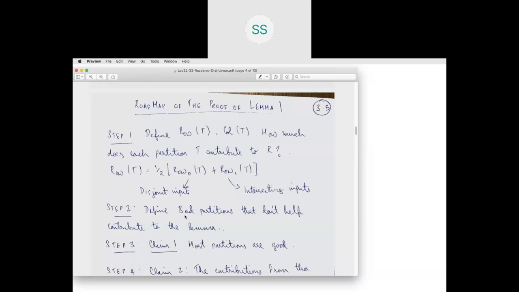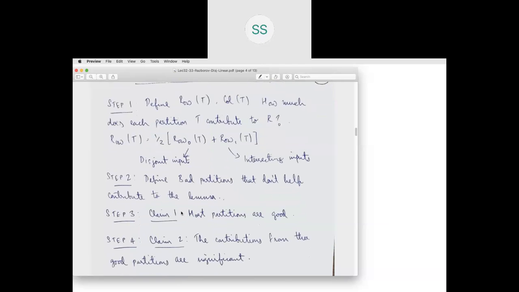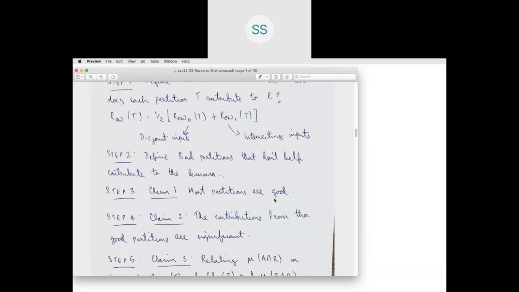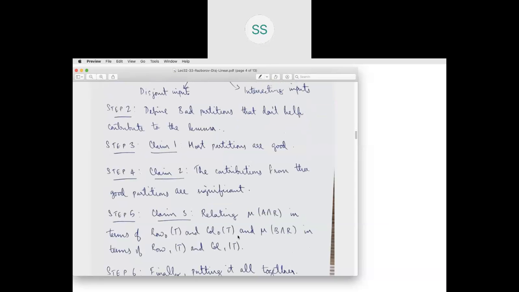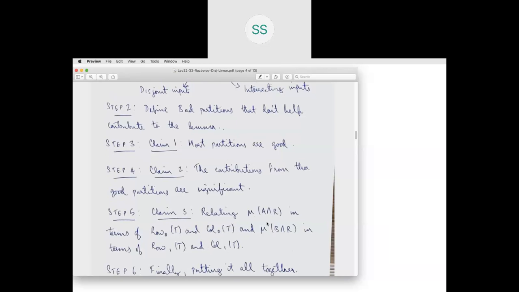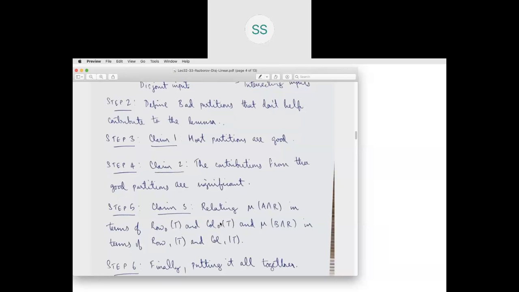We make the definition, and we claim that most partitions are good. The contributions from the good partitions are significant, and using that we relate the expectation of row 0t, column 0t with mu of A intersection R, and row 1t, column 1t with mu of B intersection R, combined with the definition of good and bad.